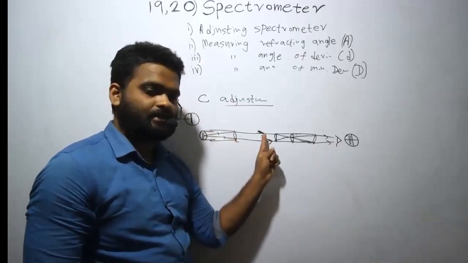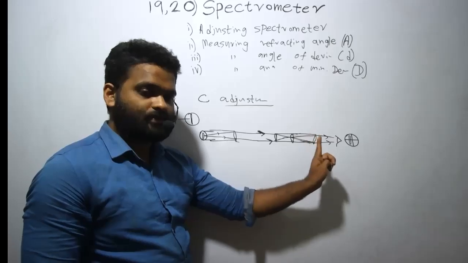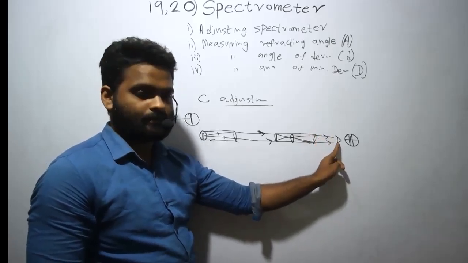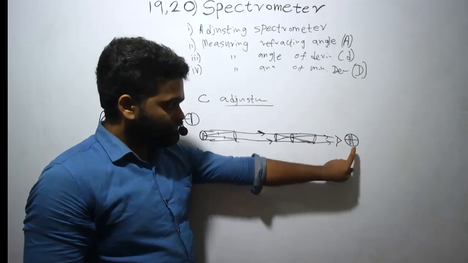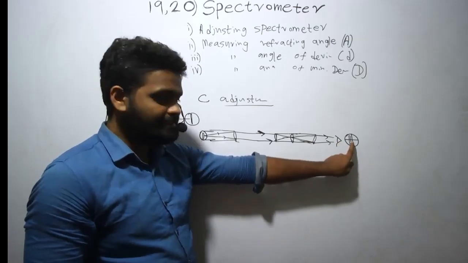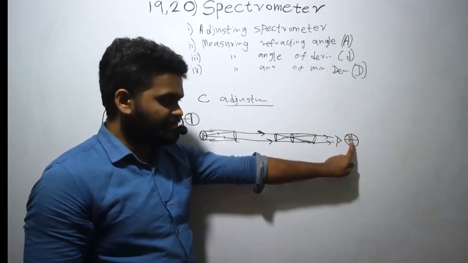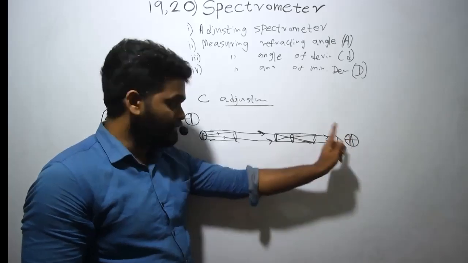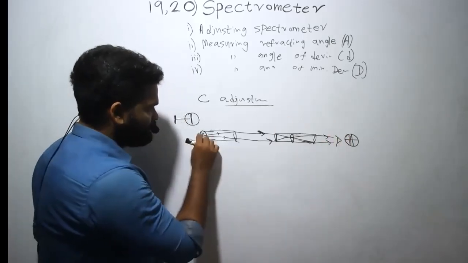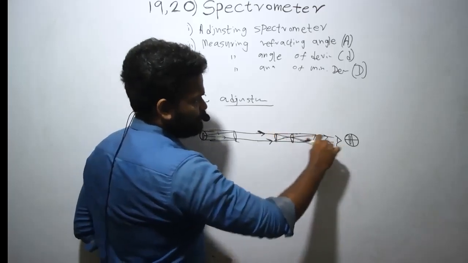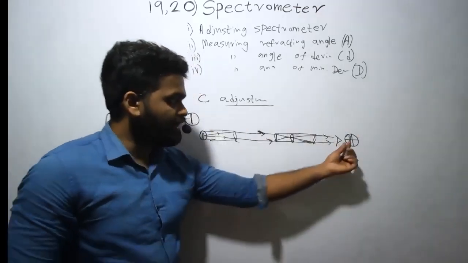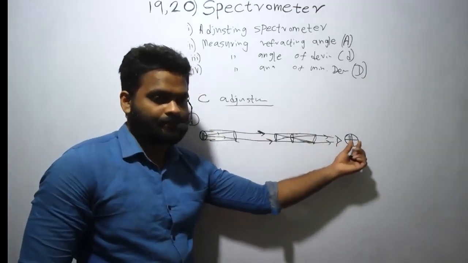Everything is observed through the telescope. So if you see a thin image of this slit like this, it means these parallel light rays from the slit come through the telescope to create this clear image of the slit.